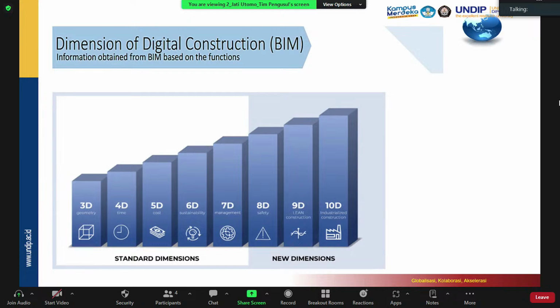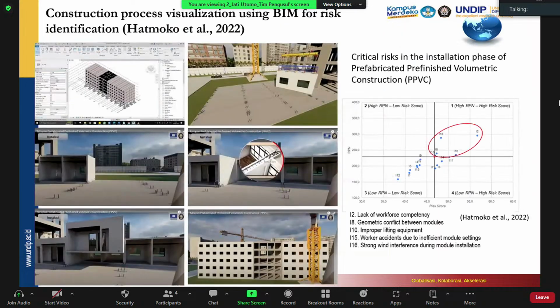In Indonesia, we're still focusing on 3D, 4D, and 5D, and it is very rare to find 6D or even 7D. But we at Undip managed to start an early research on 8D BIM, which I will show you later on. Okay, this is an example of how we visualize the construction process using BIM for risk identification.